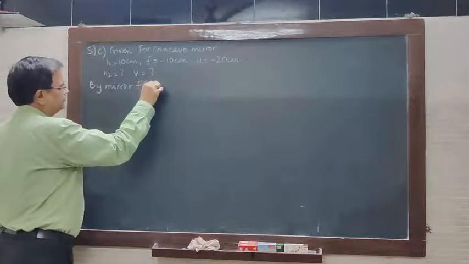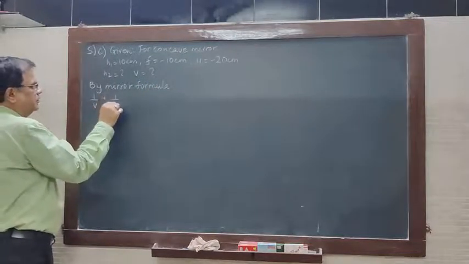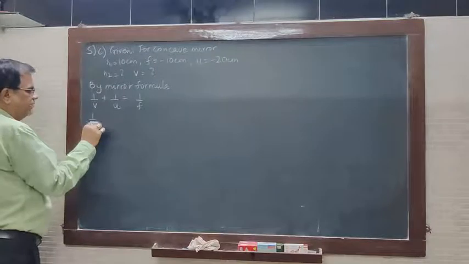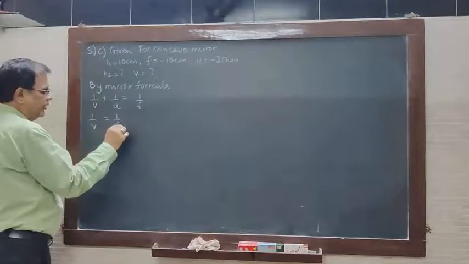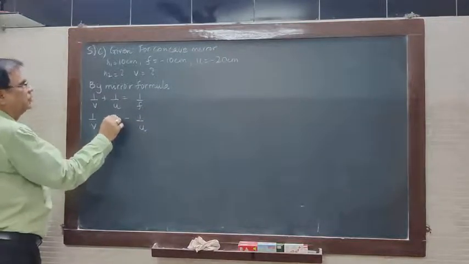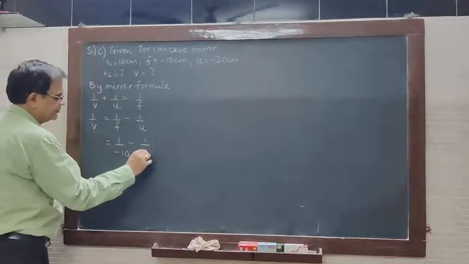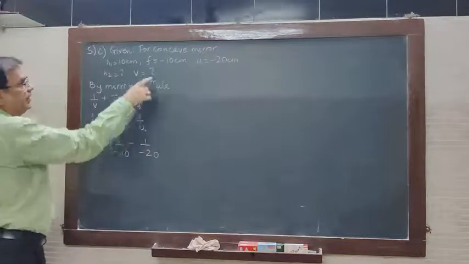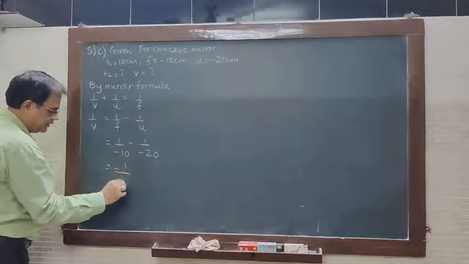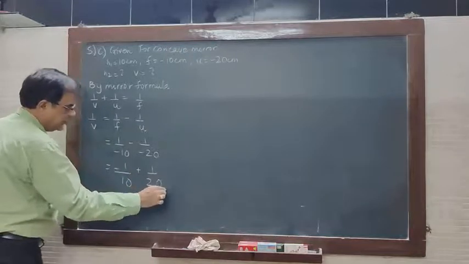My mirror formula, 1 upon F equals 1 upon V plus 1 upon U. To find out V, 1 upon V is equal to 1 upon F minus 1 upon U, is equal to 1 upon F minus 1 upon this minus 20. U is equal to minus 20. So this minus sign will come up. Minus 1 upon 10, minus into minus, plus 1 upon 20.